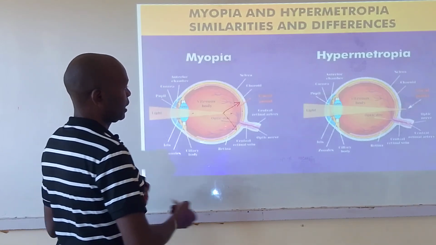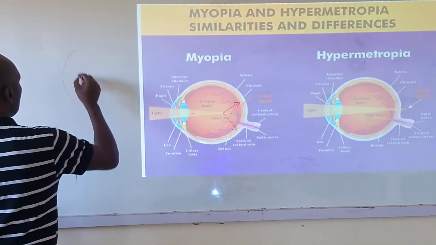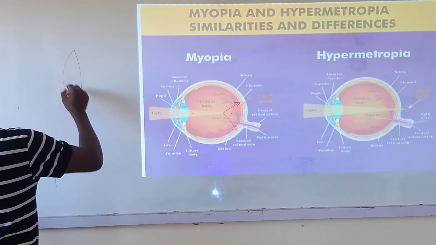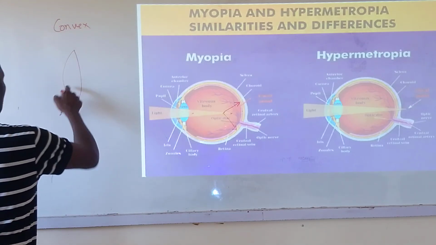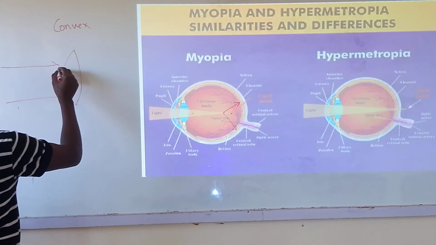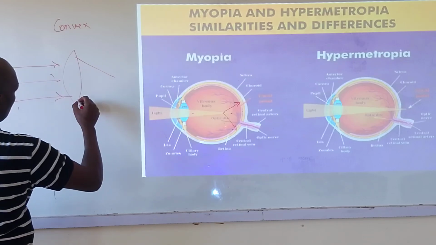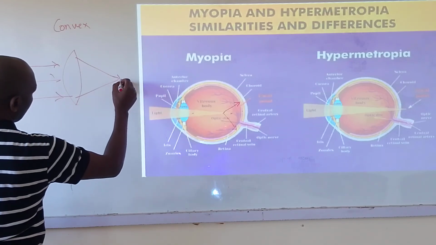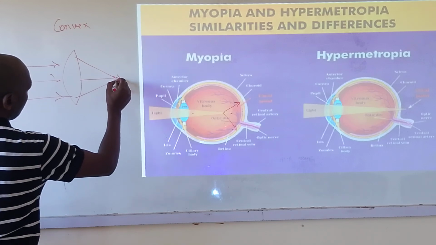So these ones are normally corrected using the convex. Convex looks like this. When light gets into it like this, light is usually bent and it focuses here.